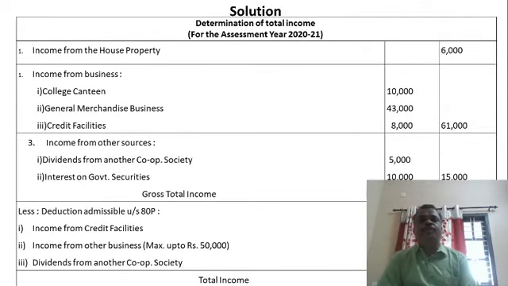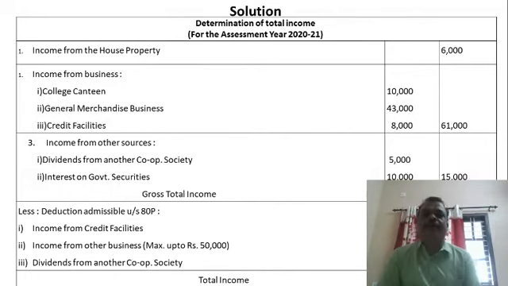First step, determination of the total income. While calculating the gross total income, we should consider five heads of income according to the Income Tax Act. First is income from salary, second is income from house property, third is income from business, fourth is income from capital gain, fifth is income from other sources.